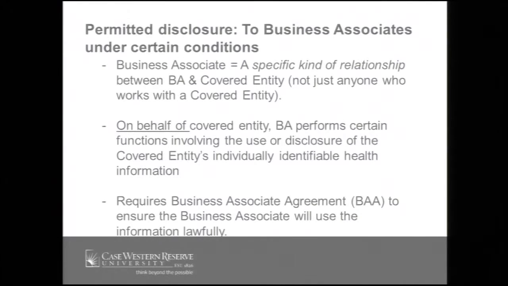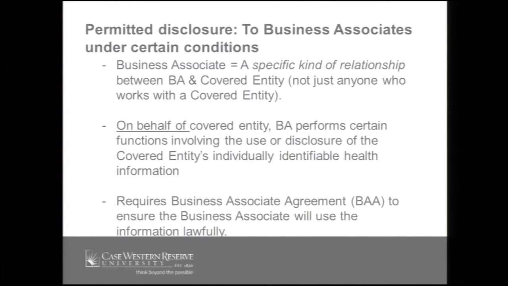To really drive it home with the picture, let's say the dental school here, the dental clinic, uses a telephone calling company to remind patients of their appointments. And they get a list of patient names, phone numbers, and appointment dates. So in that case, that calling company would be a business associate.